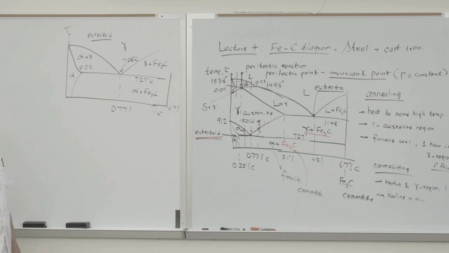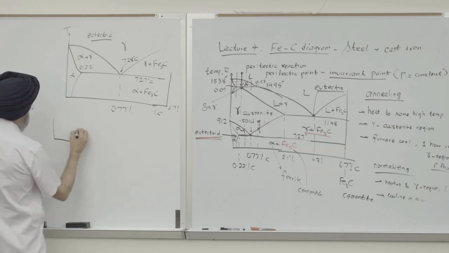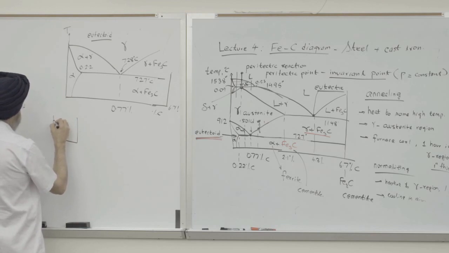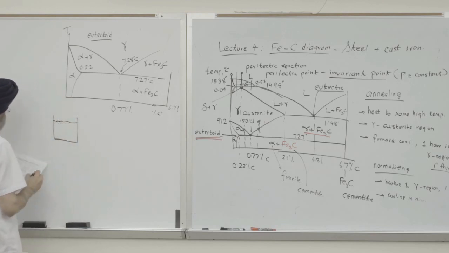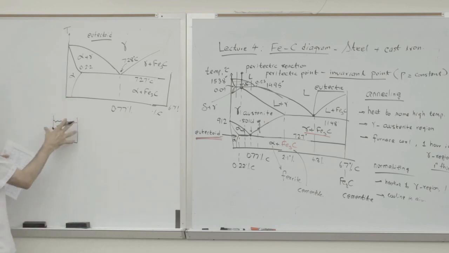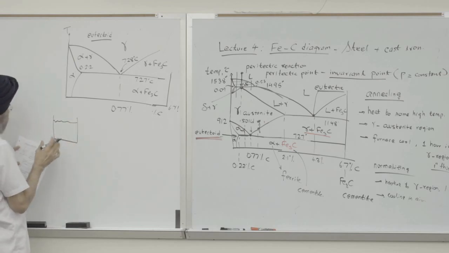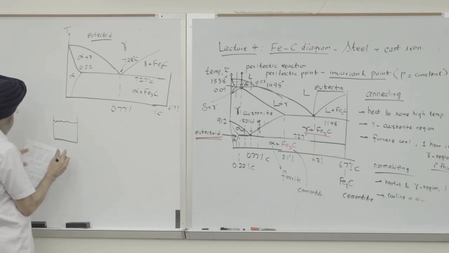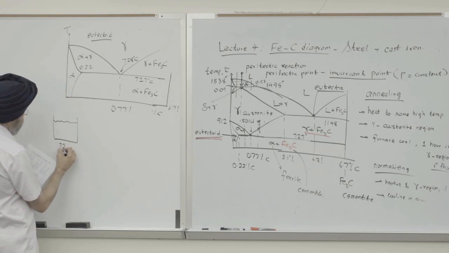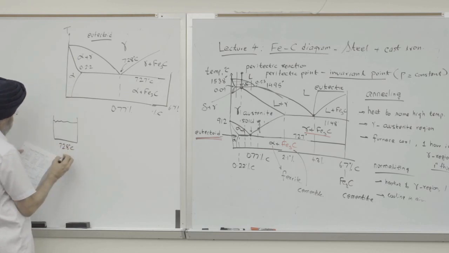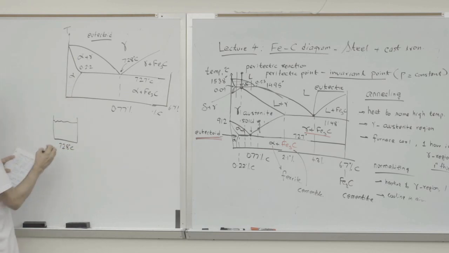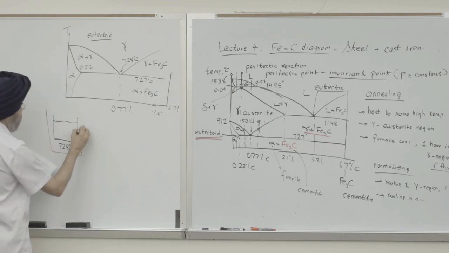So how would he do that? What a metallurgist does is he takes a pot of salt. So this is salt. He puts this in a furnace, and he heats the furnace to 728 degrees centigrade.